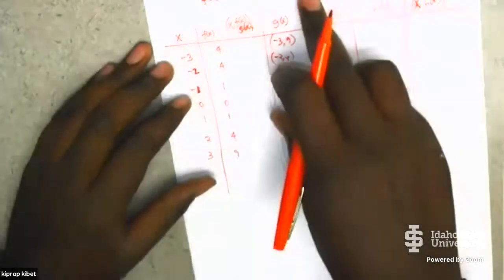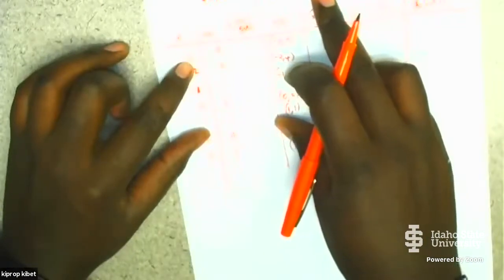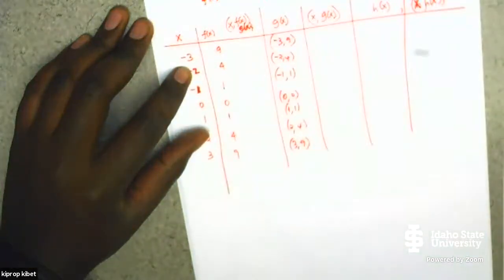So if x is -3, and then we minus 1, we get -4, right?